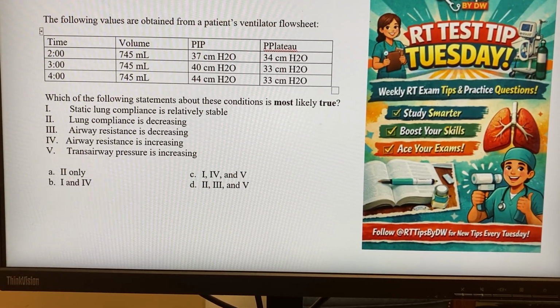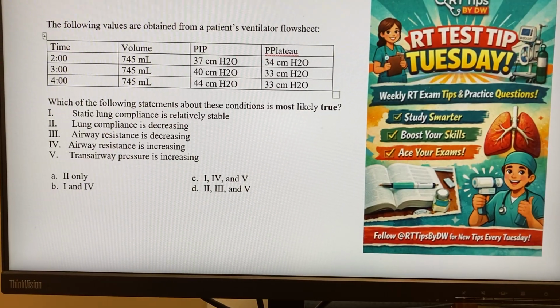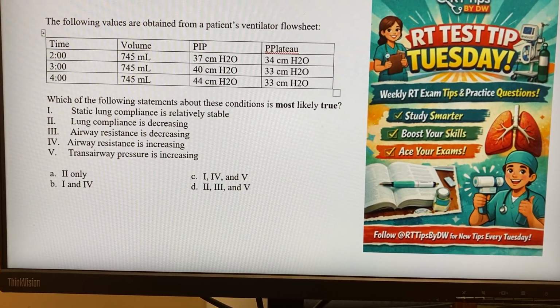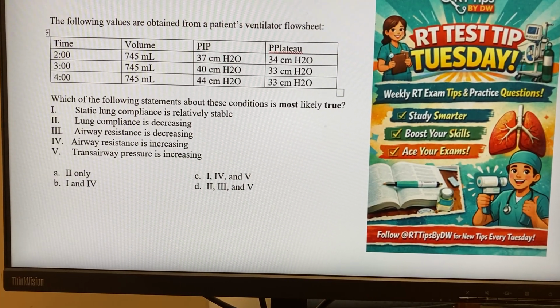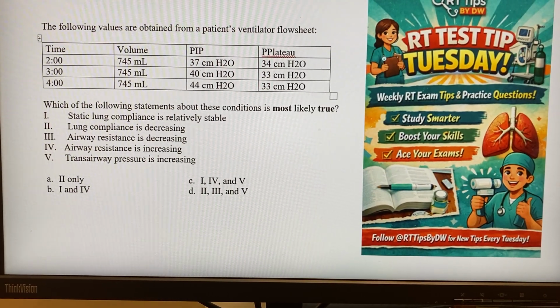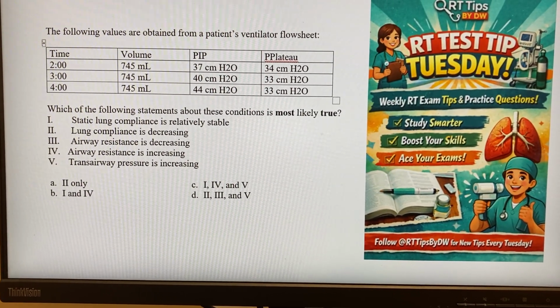So if we look at the appropriate answer choices, static lung compliance relatively stable, yes it is. Lung compliance decreasing, that's not the correct answer. Airway resistance is decreasing, that's not the correct answer. So 2 and 3 you can mark out. 4 I would include in my answer choice, and 5 I would include in my answer choice. So this is the thought process that I would have going through this type of question.